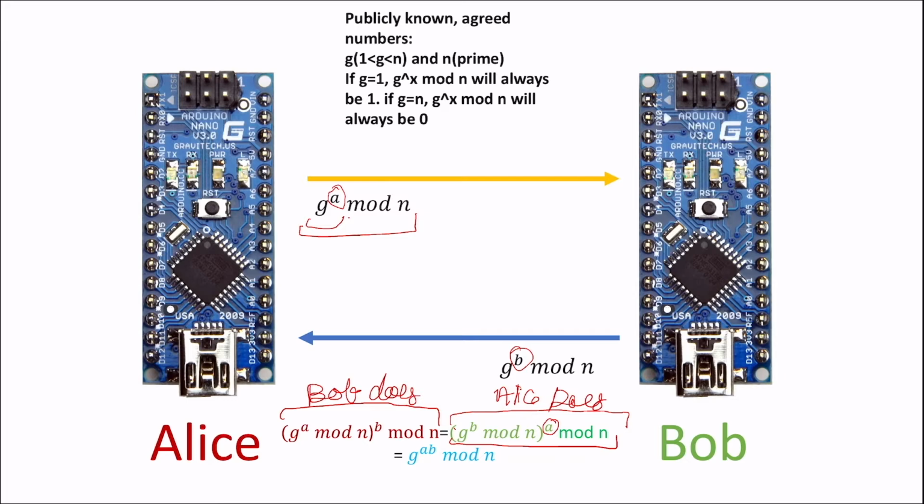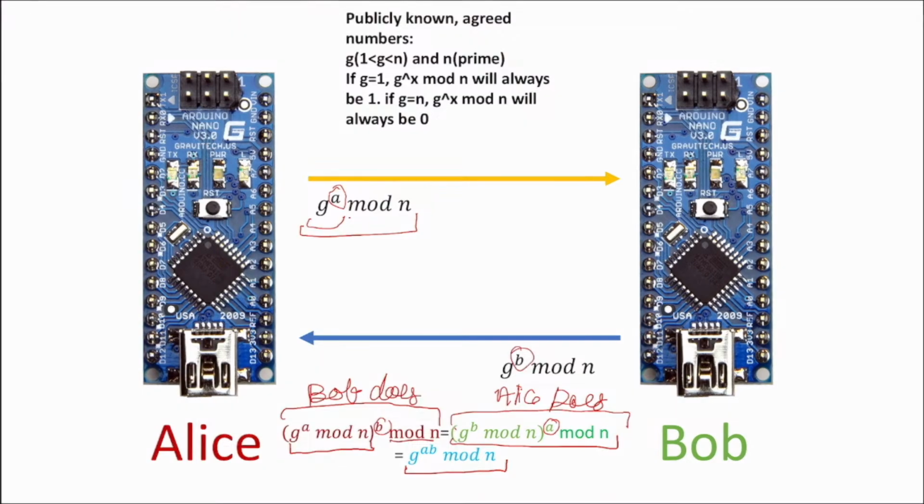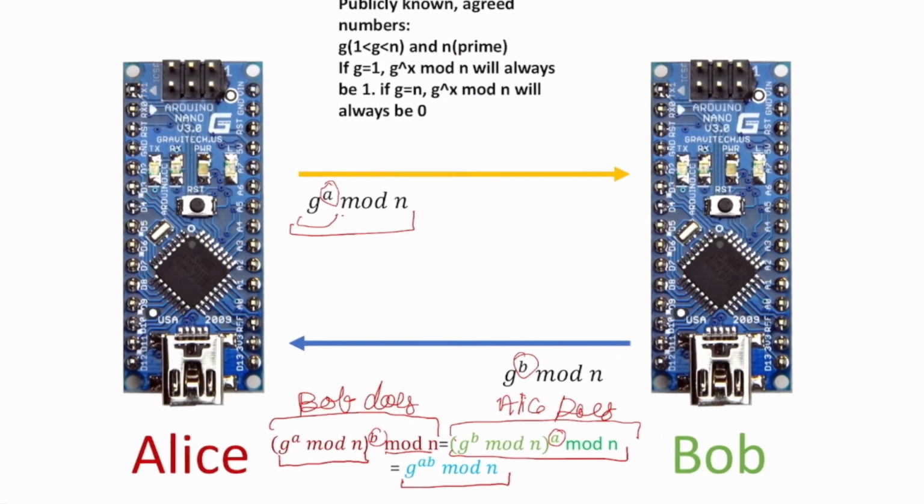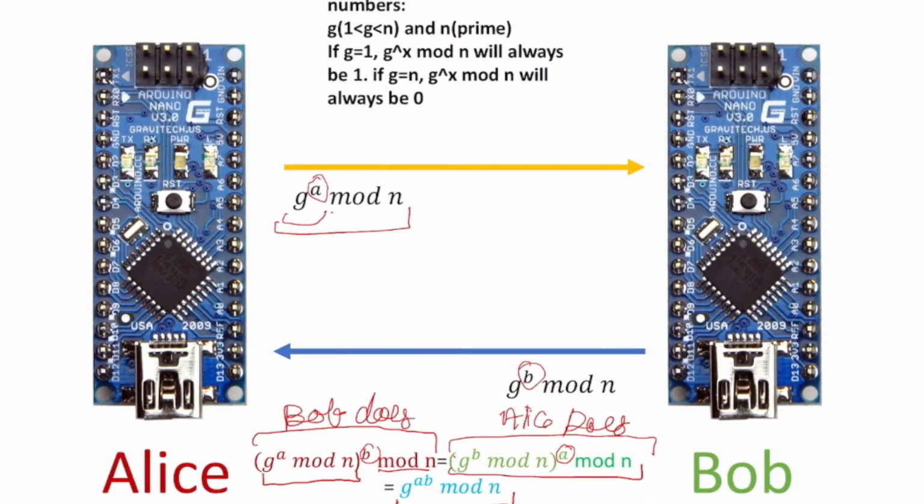He takes G to the A mod N that was sent by Alice. He raises it to B, which is his private number only known by him, and does mod N. And this is equivalent to G raised to the AB mod N. You can think about why it is yourself. And in case you are having trouble, then definitely comment and I will make a video on it.